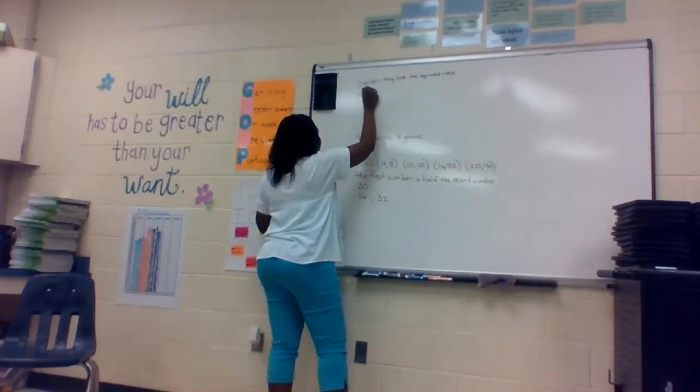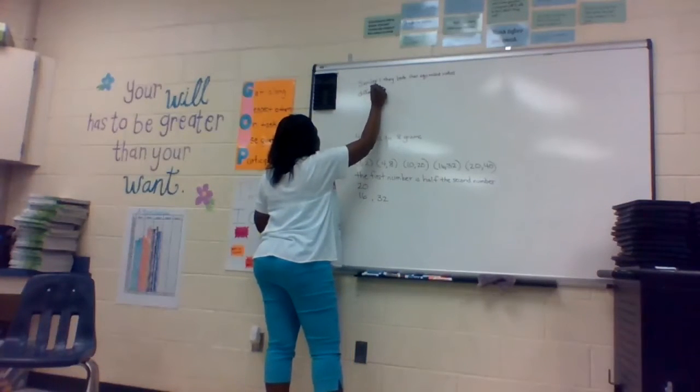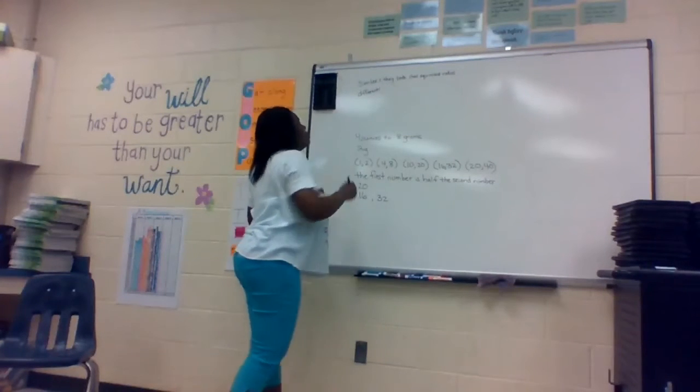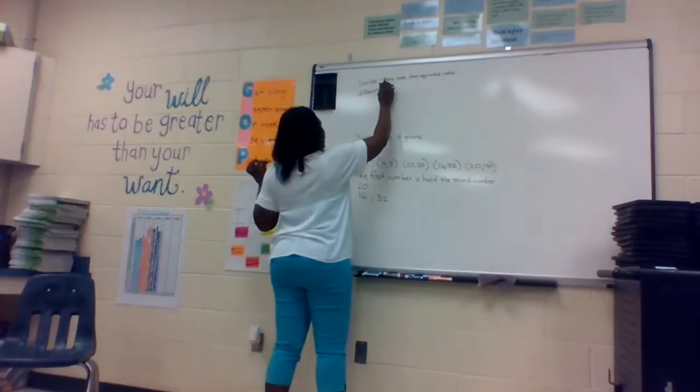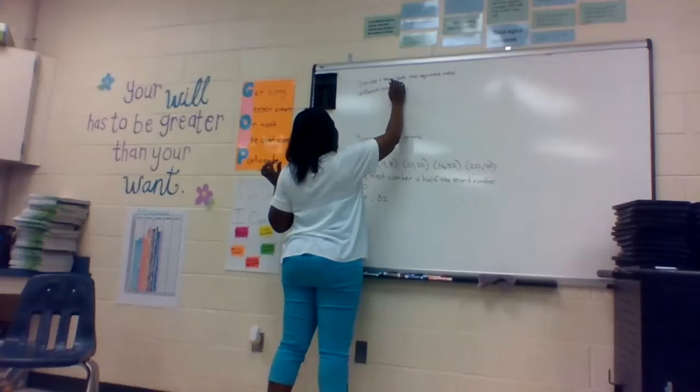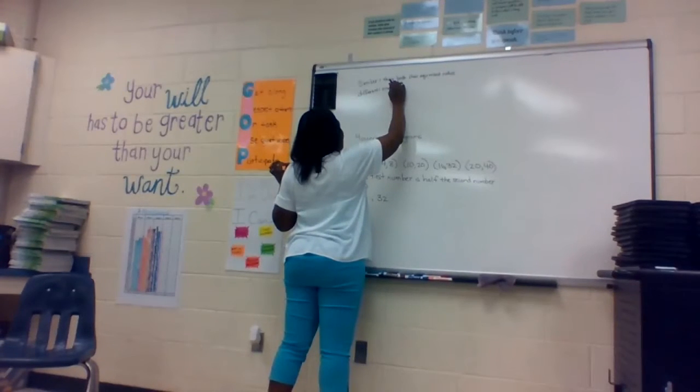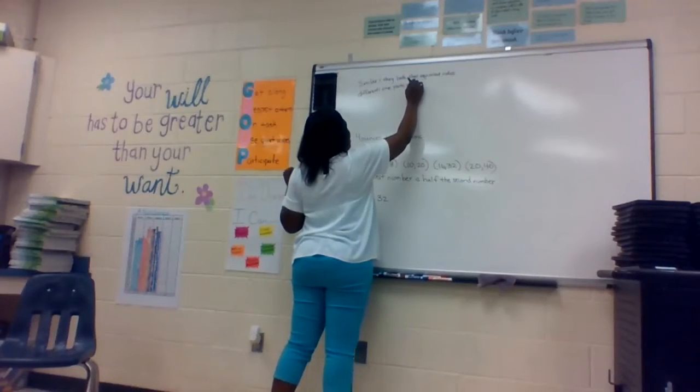How are they different? One is a coordinate plane. Oh, good. Okay, one is a coordinate plane and one is a bar graph. So one plots points on a coordinate plane.